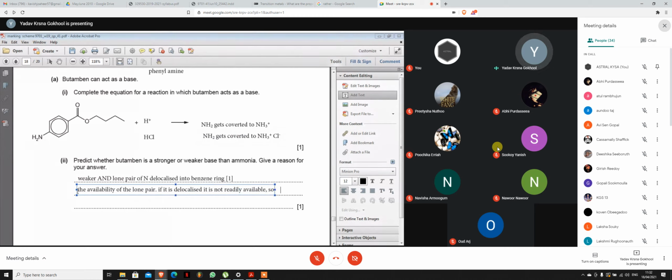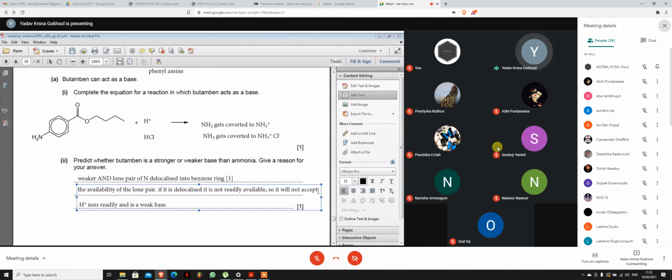So it will not accept H plus ions readily and is a weak base. See the theory behind it.